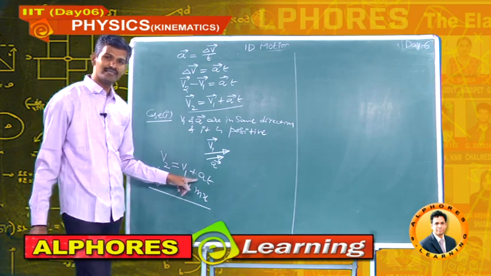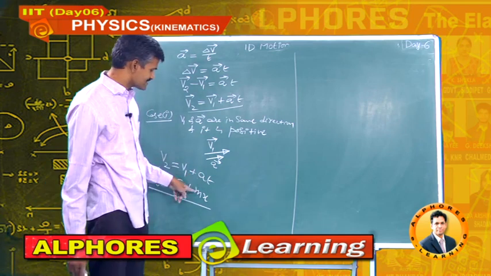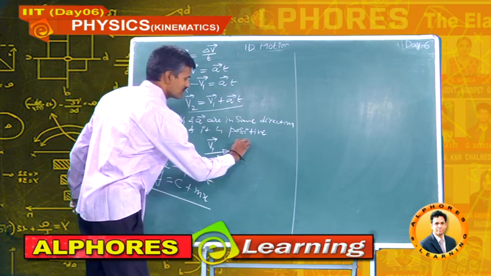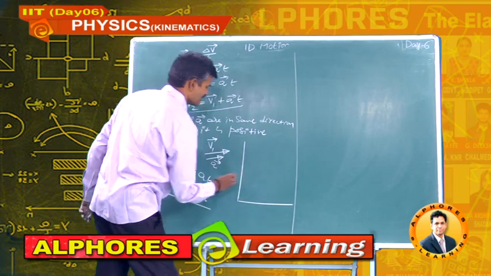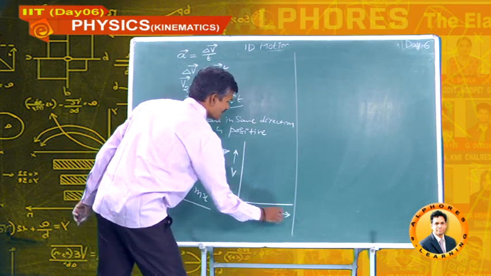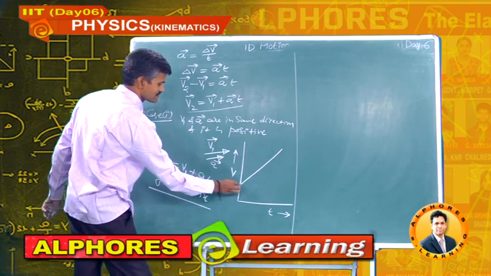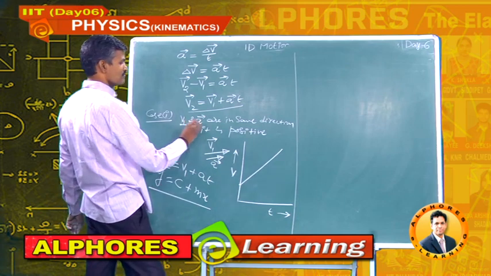We know that it is moving with a uniform acceleration, so this acceleration will be constant. So if you draw a graph between velocity vector and time, you will get a straight line like this with a positive y-intercept, since v1 is positive.